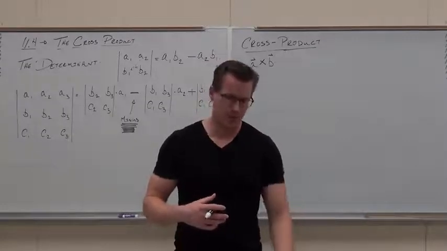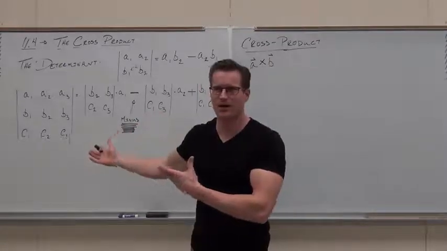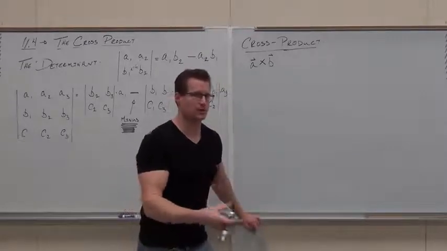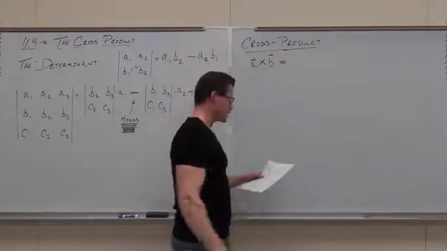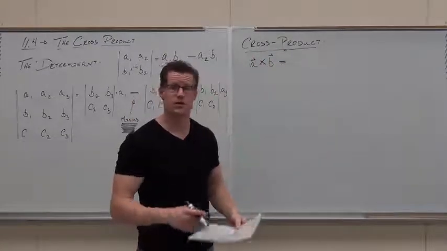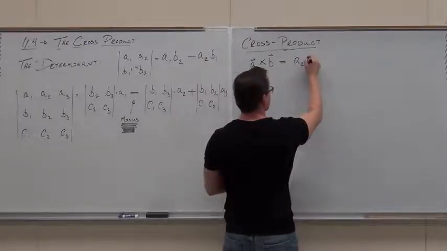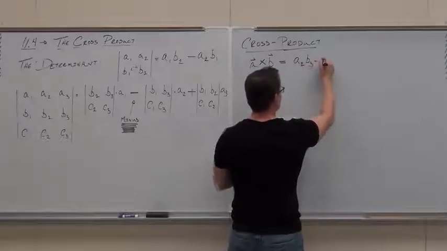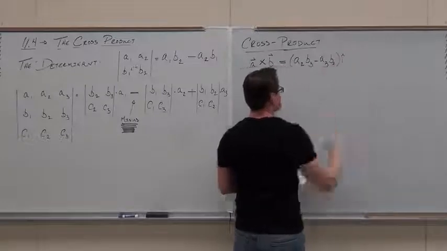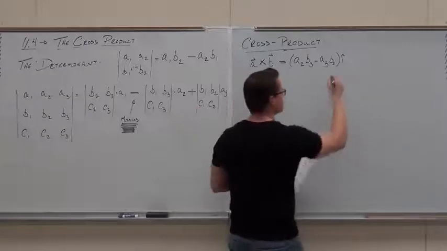I'm going to give you the definition of what the cross product actually is. I'm going to show you why in the world we have this thing, because, like, what? Why? And I'm going to put them together for you. Here's the definition of what a cross product actually does. Provided we have these two vectors, A1, A2, A3, and then B1, B2, B3, here's what the cross product does. It takes A2B3 minus A3B2 and puts an I after them.